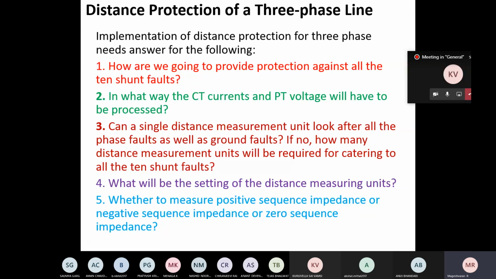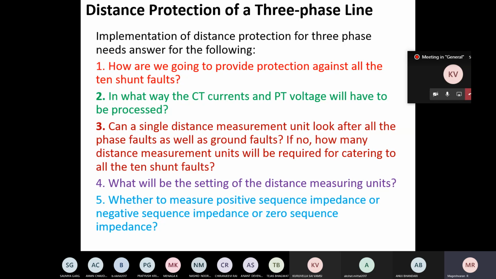It is clear that we are discussing the distance relay, which is going to be incorporated to provide protection for the transmission line. In the transmission line also, there is a possibility of all the shunt faults. What are shunt faults? Line to ground, double line to ground, and so on.